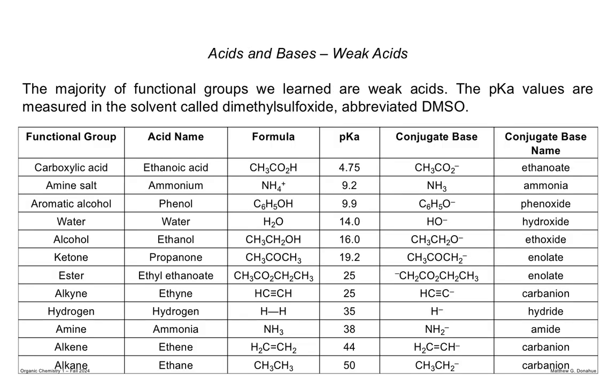So we'll start off with, these are the weak acids, and then from this table through the rest of the lecture, we'll talk about factors that influence acidity and how we choose bases to act on these functional groups. So in the first column here, these are all the functional groups that you learned.